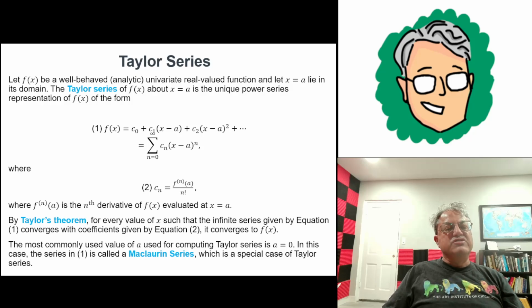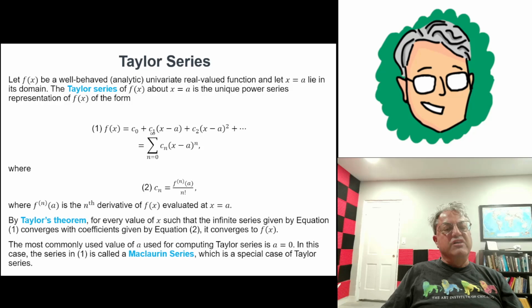So then you get these coefficients in front, which I'm calling Cn. The form of the Taylor expansion is f of x equals this infinite sum. This is summation notation, which I'm pretty sure most of you have seen. It's a sum as n goes from 0 to infinity of Cn times x minus a to the nth power.